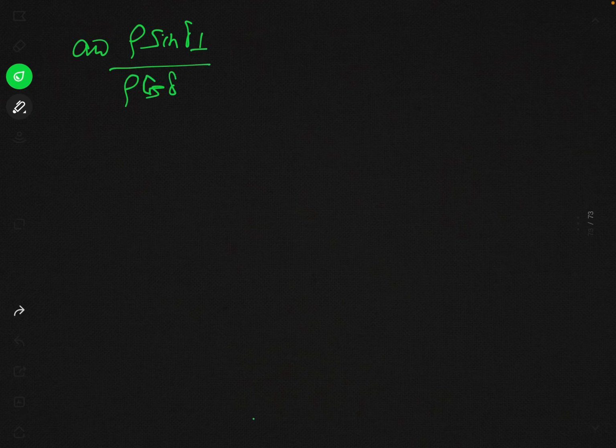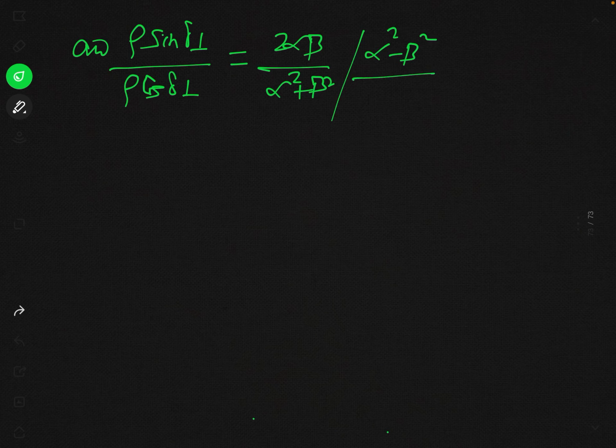Now you can find the value of this delta perpendicular by dividing rho sine delta perpendicular by rho cos delta perpendicular. What will be the value? This will be 2 alpha beta over alpha square plus beta square, over alpha square minus beta square over alpha square plus beta square.